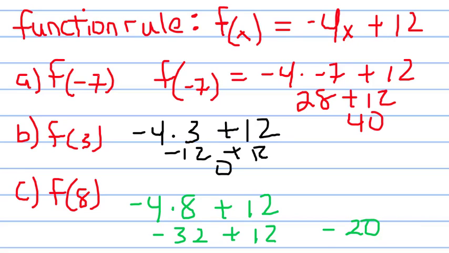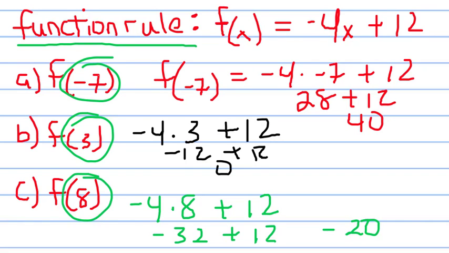So if you know how to evaluate, replace variables, and solve, that's pretty much what you're doing with the function rule. Just taking an input, these are all inputs, and getting an output.